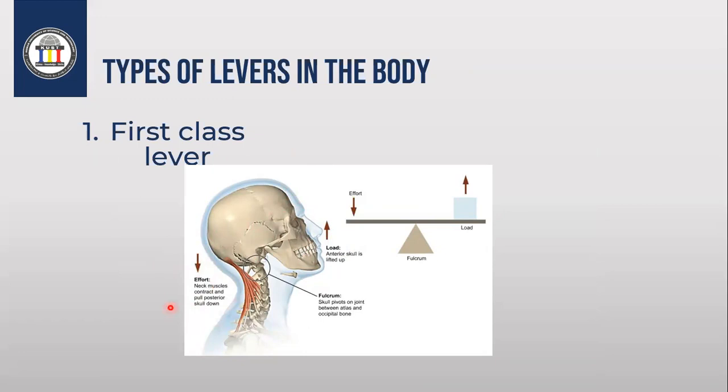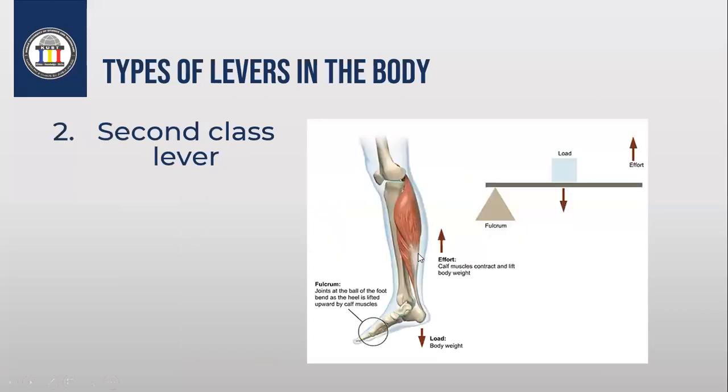So we will name this the applied force, and this is the force load. And then the fulcrum is just between them. When the fulcrum is between them and the load is going up, because you are applying load here, and the effort will be there, that's when you are in the first type of lever.